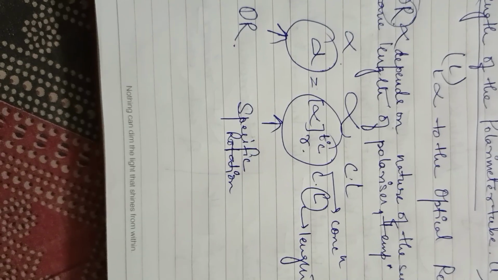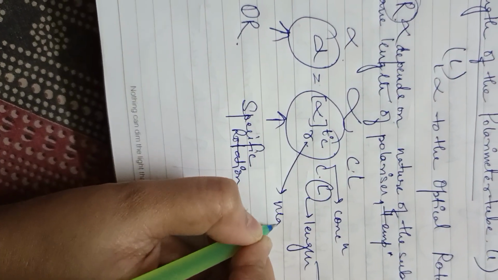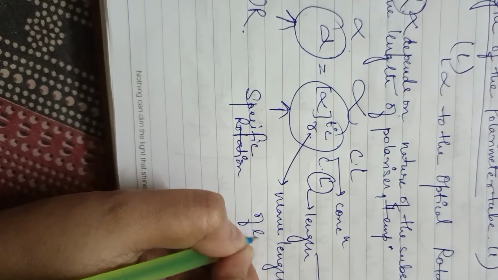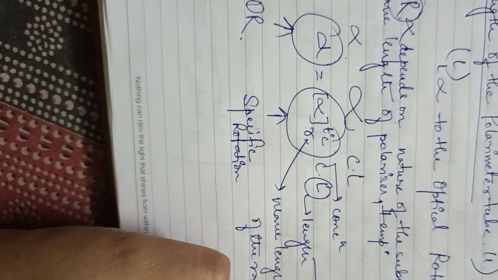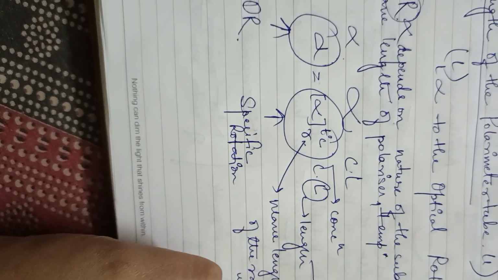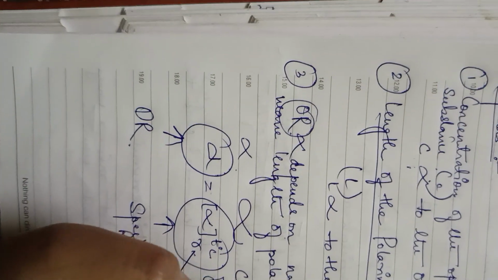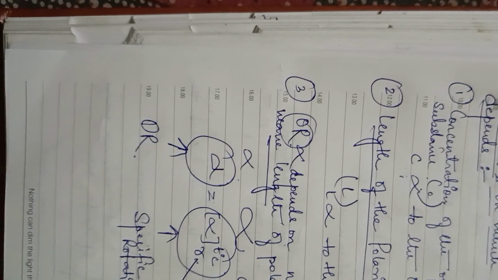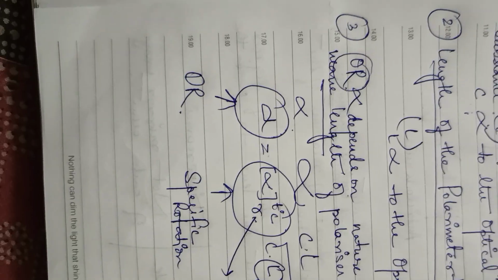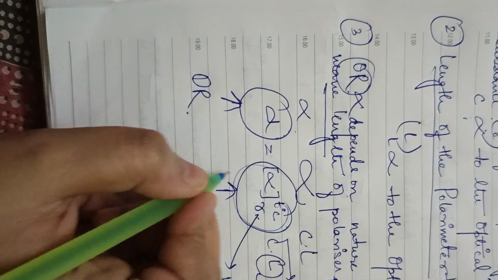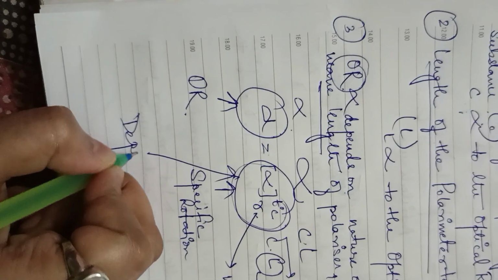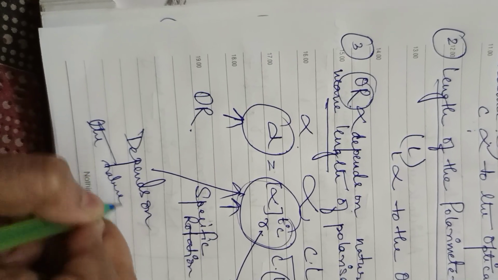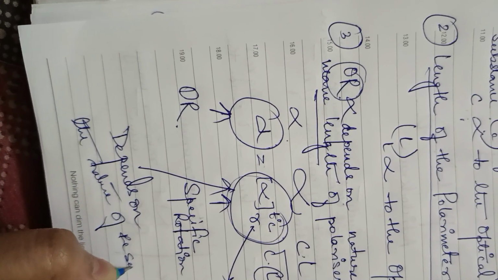This is the wavelength of the radiation used, since we have written that it depends on the wavelength. And this is a constant which depends on the nature of the substance.